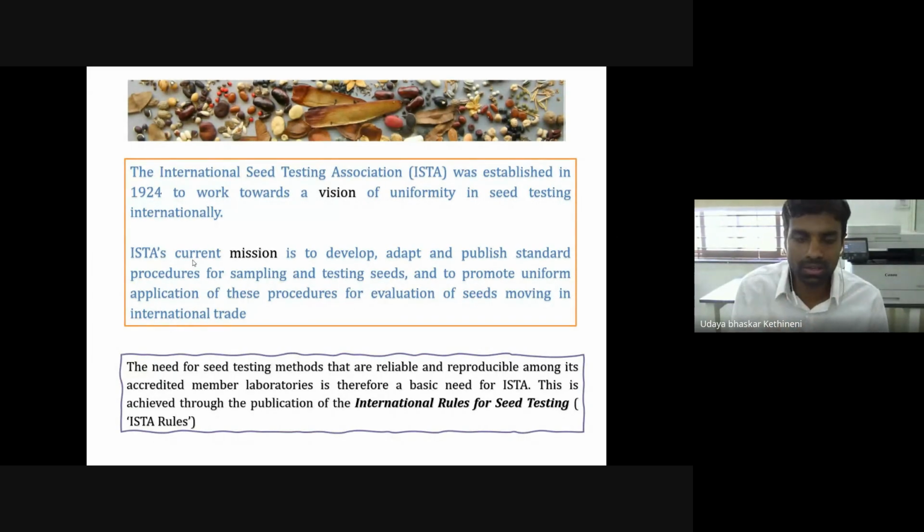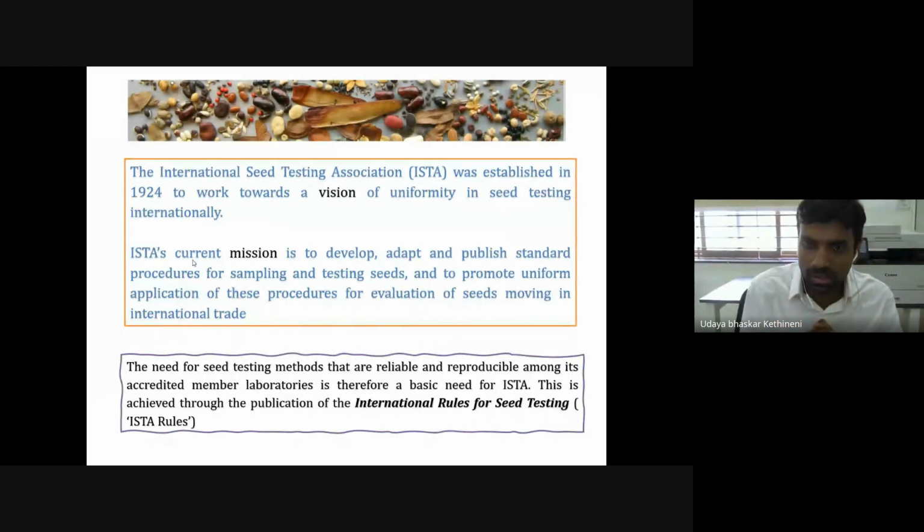Whatever laboratories are following, they should all follow the same standard procedures so they can generate reproducible results, which will help in seed trade and in getting the actual potential of the seed material. That is their basic motto: uniformity in testing.